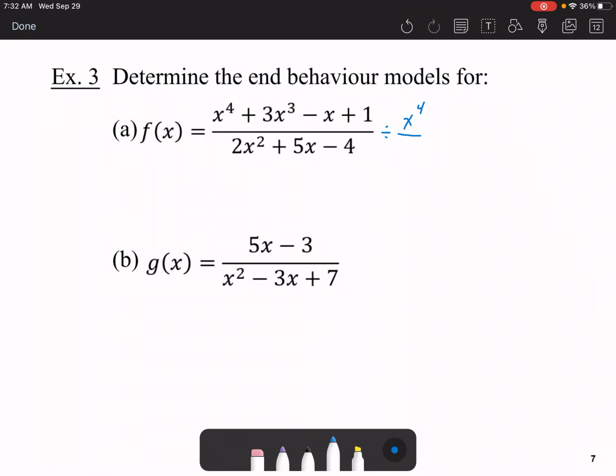And in my denominator, I'm going to just divide by a 2x squared, because that'll get rid of the leading coefficients.